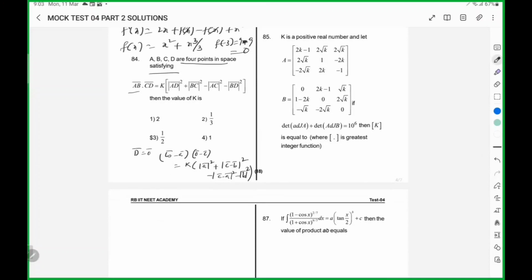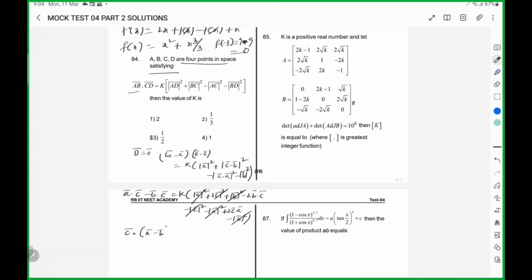So from here, A dot C minus B dot C is K times... plus 2c dot a minus... it cancels out.